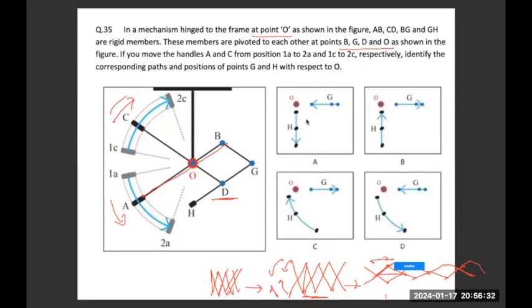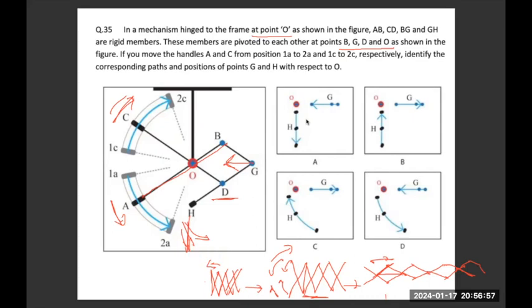When I'm taking them away, they come together. What it means is when I'm pulling them apart here, the point G will move inside and the point H will actually move outside, or towards somewhere at the bottom, vertically bottom, when this goes inside.